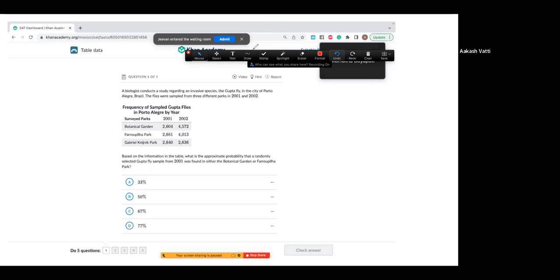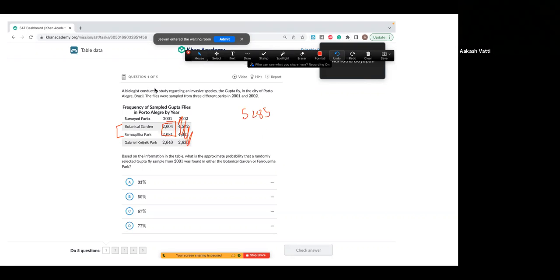All right, so for this problem, the simplest way of doing this is to add these two numbers together. What it's asking us is, in 2001, so just ignore this section, what is the probability that a group of flies will be found in either one of these two instead of all three of these? After you add those two together, you get 5285.